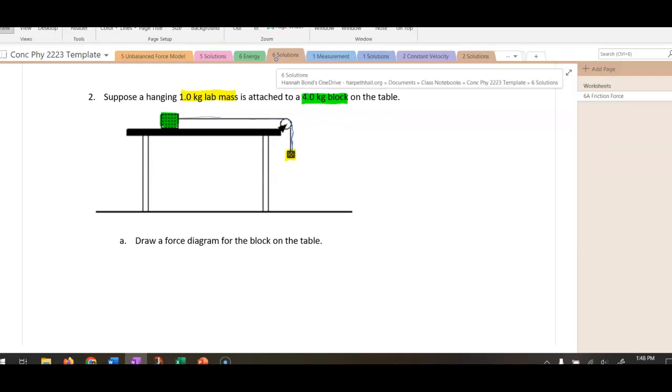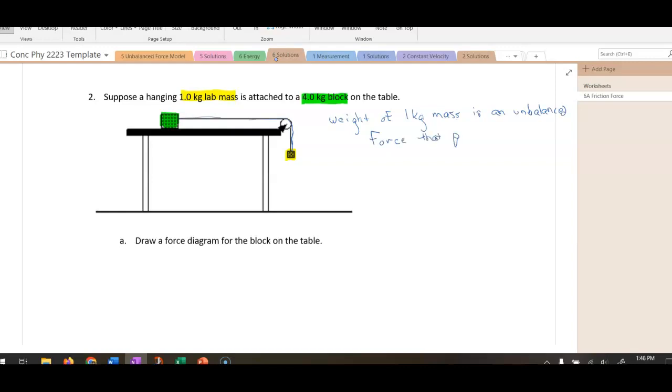So the weight of the 1 kilogram mass is an unbalanced force that pulls the block across the table.